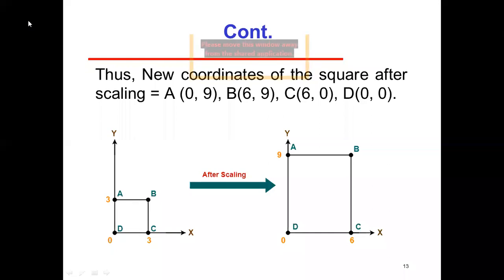The translation equation: x dash is equal to x plus tx, that is, x new is equal to x old plus tx. Similarly, y new is equal to y old plus ty, where tx is translation along the x-axis and ty is translation along the y-axis.